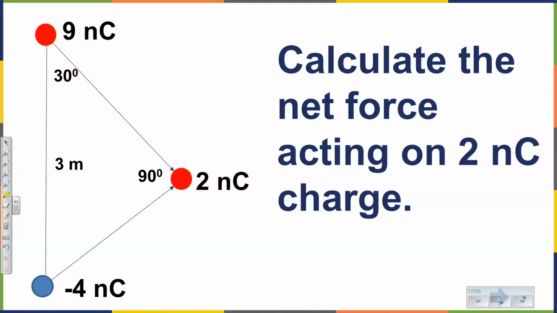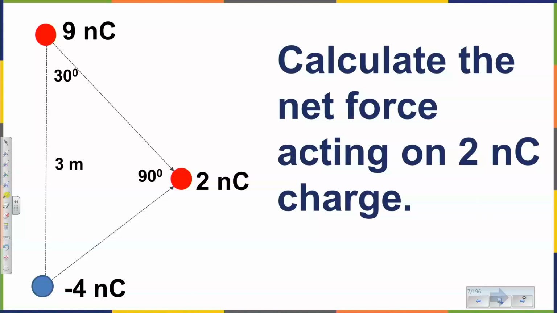Here we have three charges, and please draw a free body diagram for the charge on the right, because that's what we need to calculate, the net force acting on that charge. Here we have nanocoulombs.